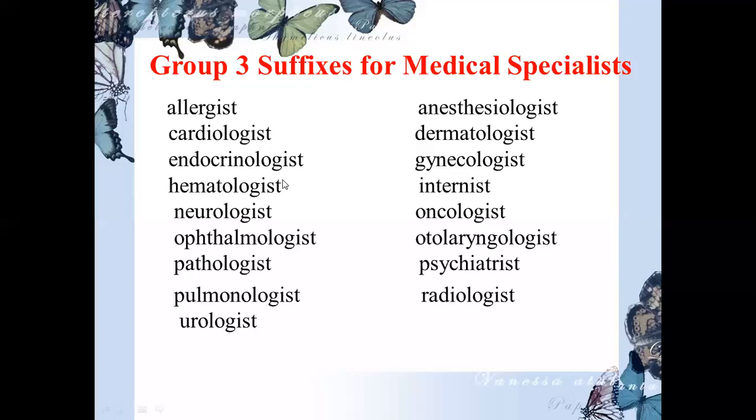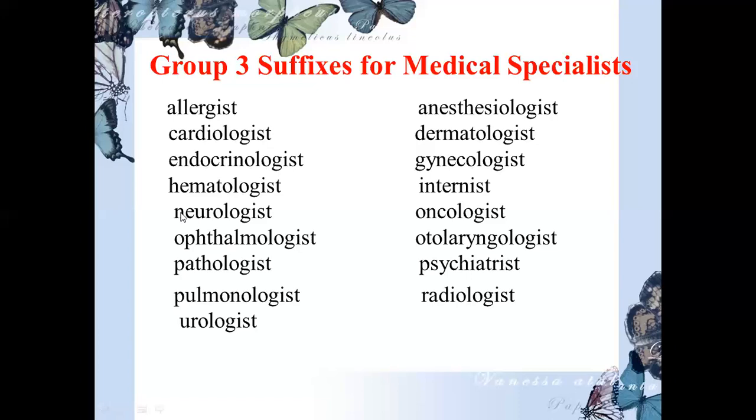Endocrinologist means a specialist in treating diseases of the endocrine system, hormone diseases. And the gynecologist means specialist in treating women's diseases. Next one is a hematologist. Hemato, remember, means blood.